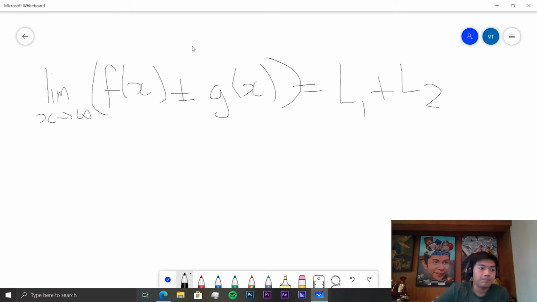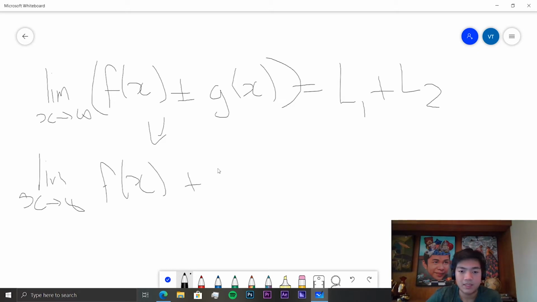So we can sort of add the limits in a sense to get the first limit. This is equivalent to the limit as x approaches infinity of f of x plus the limit as x approaches infinity of g of x. Same thing, which evaluates to that.